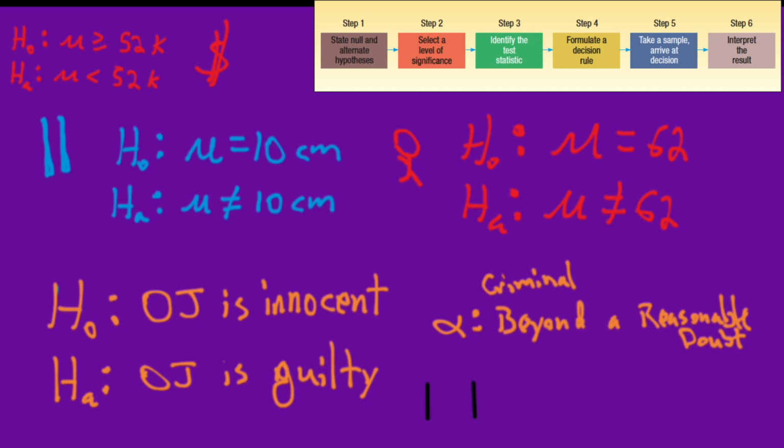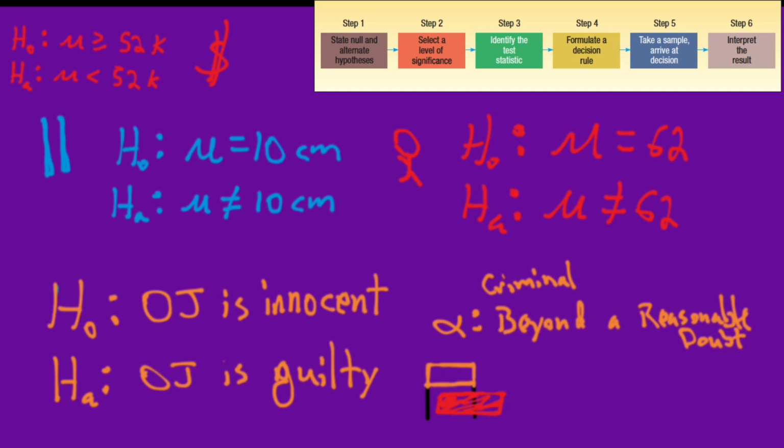This is probably going to go poorly, but we'll probably give them a mat to land on. There's some level of significance, and depending on the height, that's a harder level to reach. So beyond a reasonable doubt might be this higher bar.